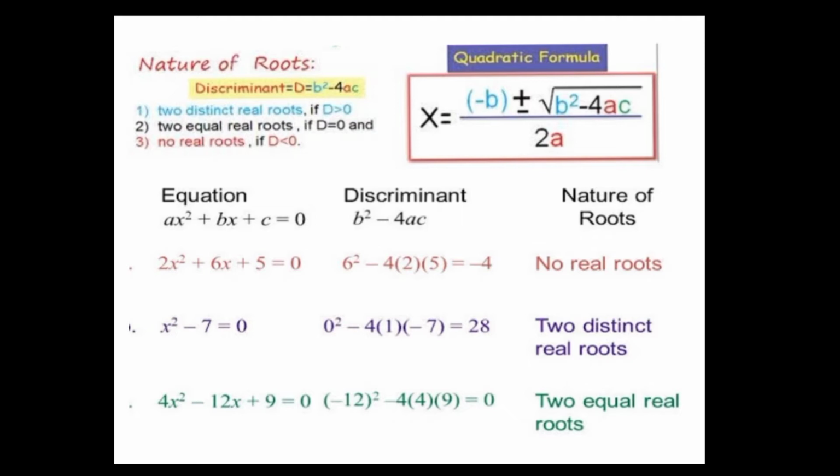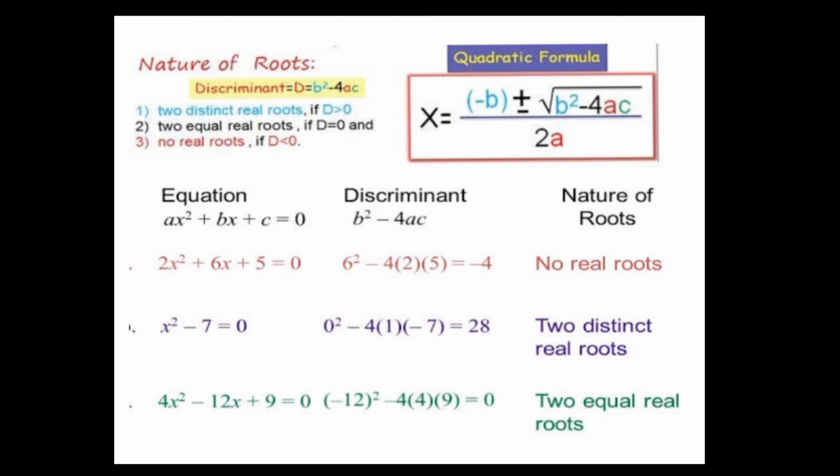Next we have 2 equal real roots if D is equal to 0. If D is equal to 0, that means the discriminant becomes 0, then we will have 2 equal real roots. If D is greater than 0, we will get distinct and real. If D is equal to 0, we will get equal and real. But if D is less than 0, we will not get real roots, and we can call that imaginary also.